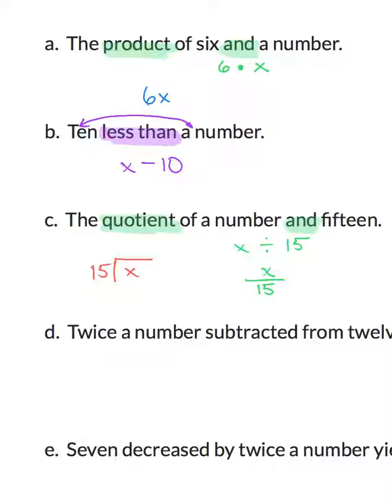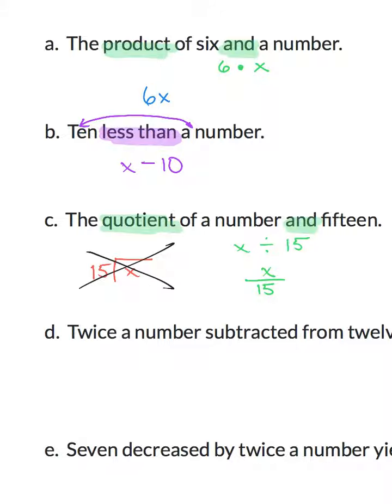So we want to not use this one. But either of these two notations would be considered acceptable. Note you cannot do 15 divided by x. Quotient is not a reverse order phrase, and more importantly, they are not going to equal the same thing.